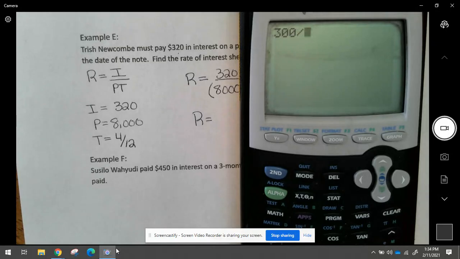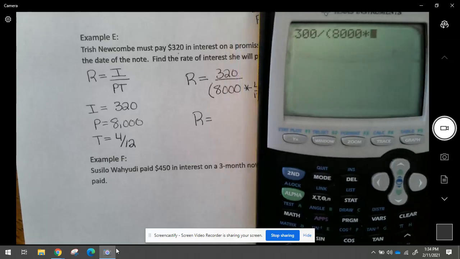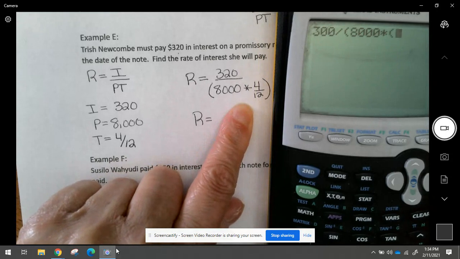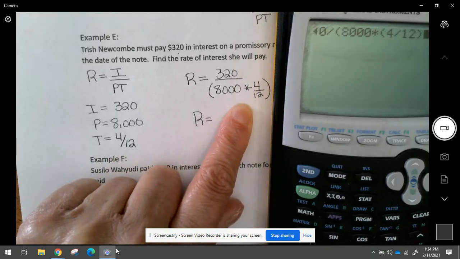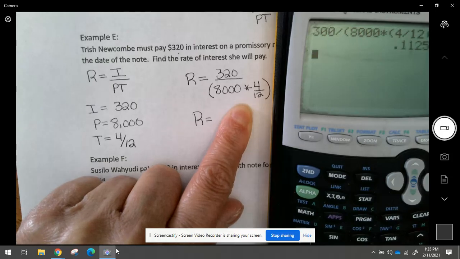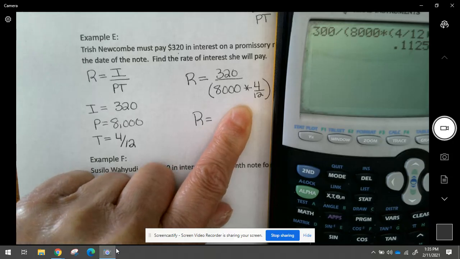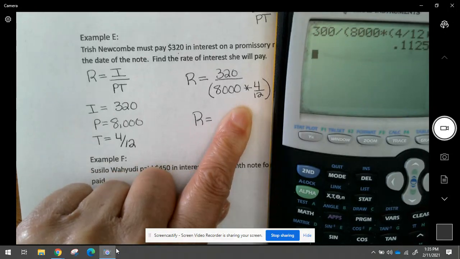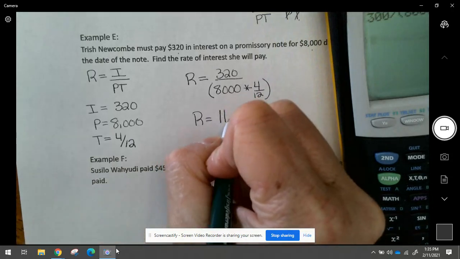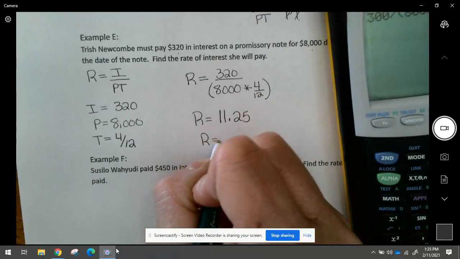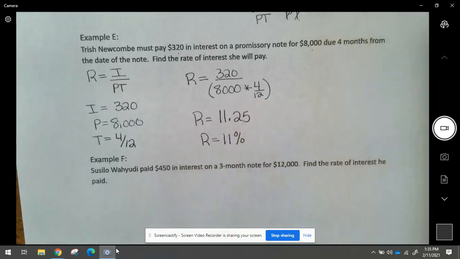I'm going to hit the divide button, use my parentheses, 8,000 times, and then again parentheses, 4 divided by 12, close parenthesis, and I get 11.25. So 11% there.